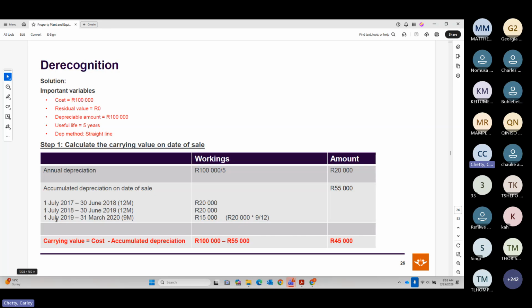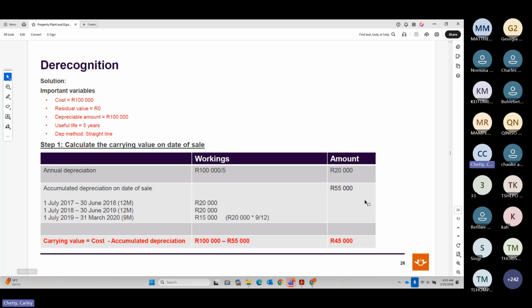Then in the current year, from 1 July 2019 to 31 March 2020, that was 9 months. So we apportioned the 20,000 depreciation by multiplying by 9/12, and that gives us 15,000. That gives us total accumulated depreciation relating to this asset of 55,000.